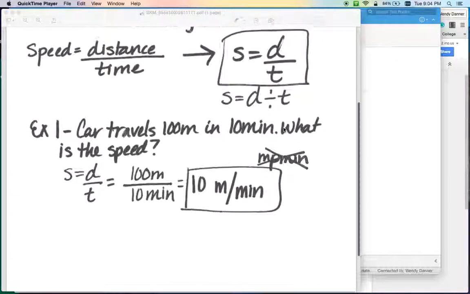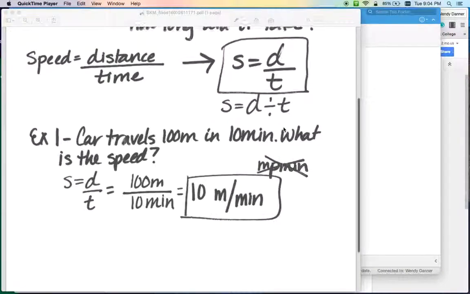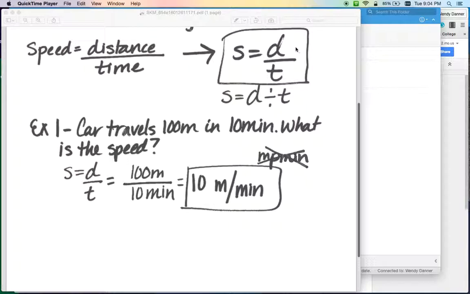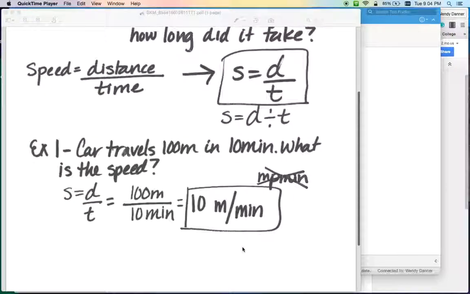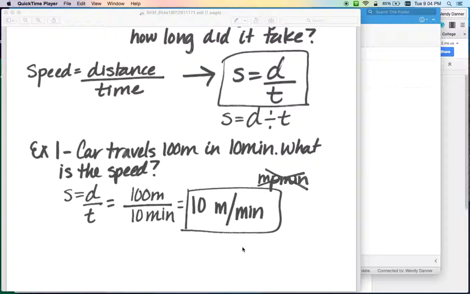Now, one of them, their formula is a little bit different. It's asking you to do D2 minus D1 divided by T2 minus T1. That's basically saying the change in distance and the change in time. Okay, I don't have a scanned copy to show you, but if you would pause this and take a look at your worksheet, I can talk you through it.